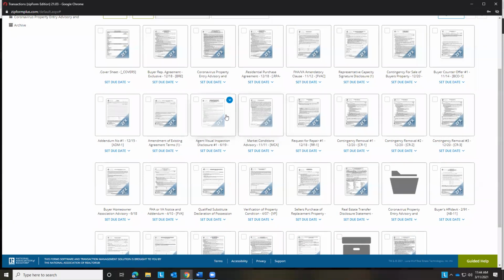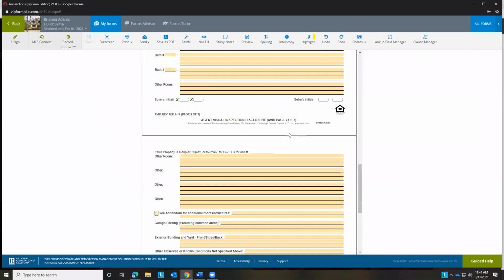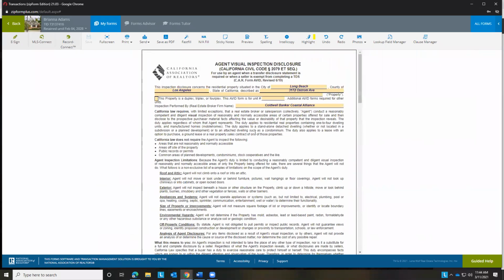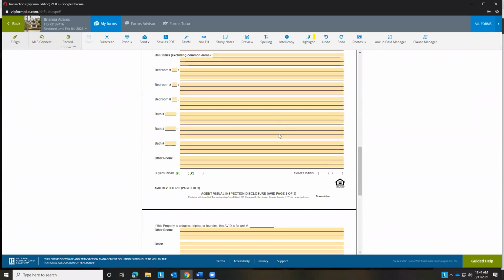That should always be on page 3 of your AVID, right here, under other observed or known conditions not specified above. The other thing I want to say about AVIDs is if you're at the property and you hear planes, if it's in the flight path, put that in on your AVID.